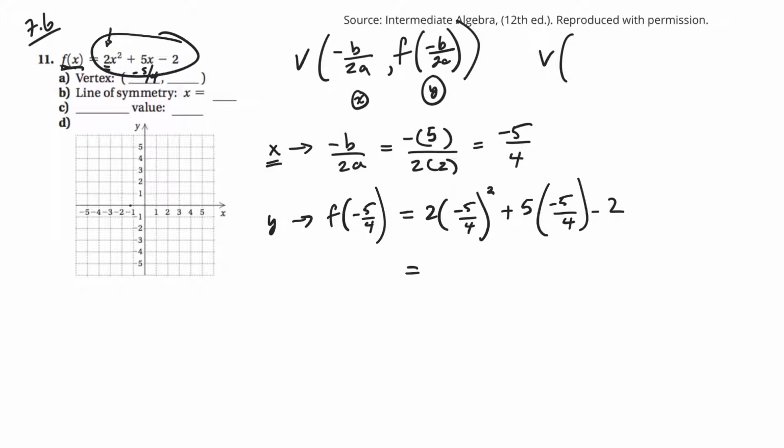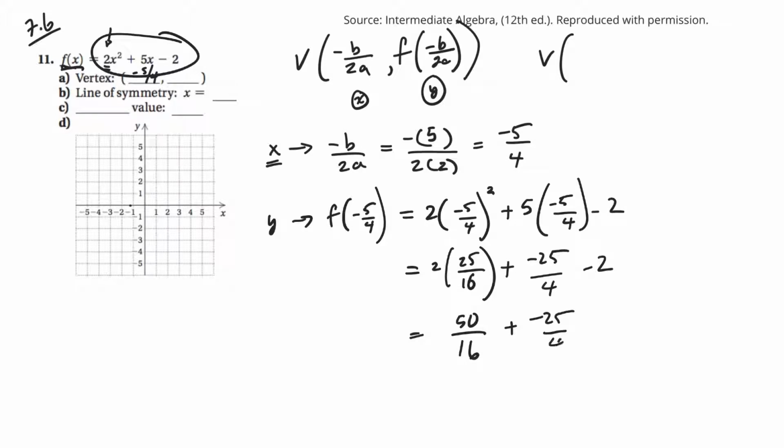You could do that on your calculator. I don't have one handy, so I'll just try it the long way. So it'd be 2 times 25 over 16 plus negative 25 over 4 minus 2. So if I multiply, this would be 50 over 16 plus negative 25 over 4 minus 2.